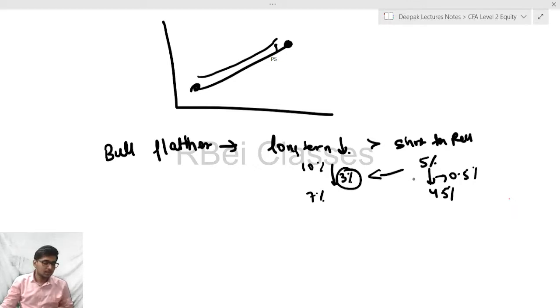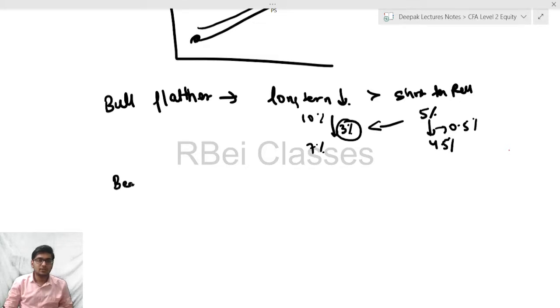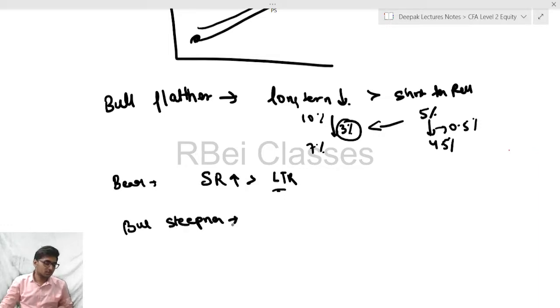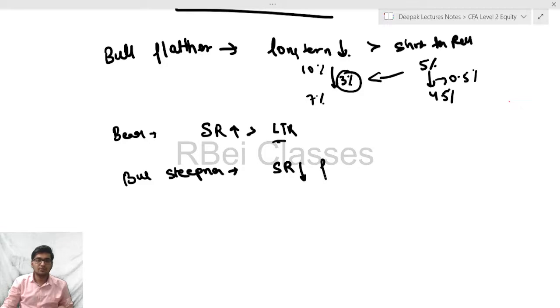Write down next, a bear flattener occurs, this one was the bull, next is the bear flattener. It occurs when short term rates rise more than the long term rates, clear. This is a bear flattener. Then bull steepener occurs when short term rates fall faster than long term rates.